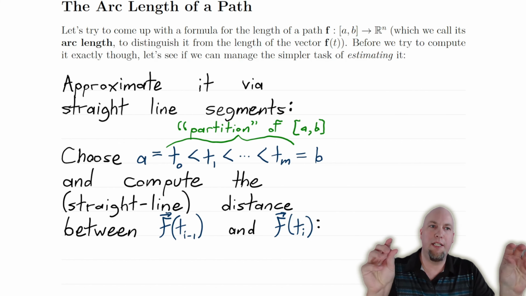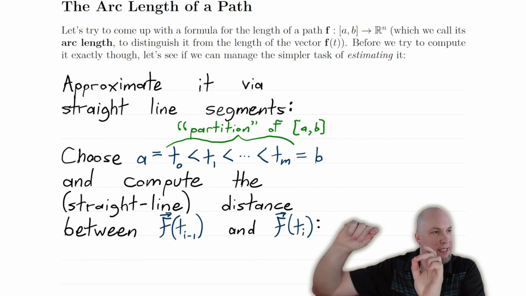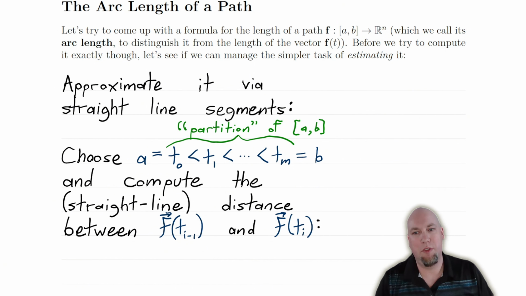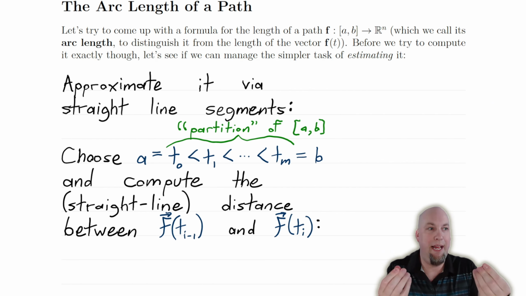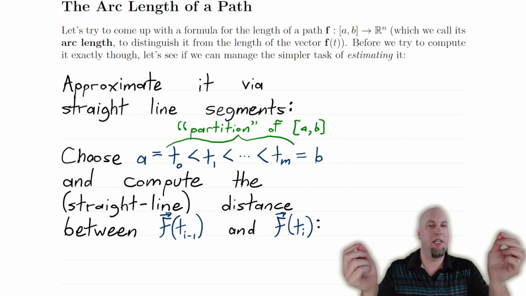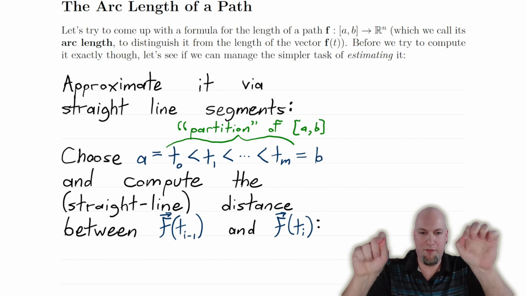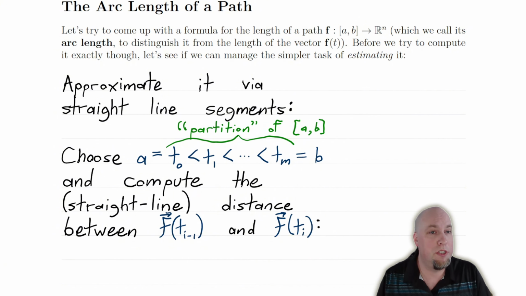Then I'm going to construct a straight line segment between the endpoints of each of those subintervals. In other words, I plug t0 and t1 into my path f, and compute the straight line distance between f(t0) and f(t1). Then I do the same thing with t1 and t2: I plug both into my path f and compute the straight line distance between those two points.